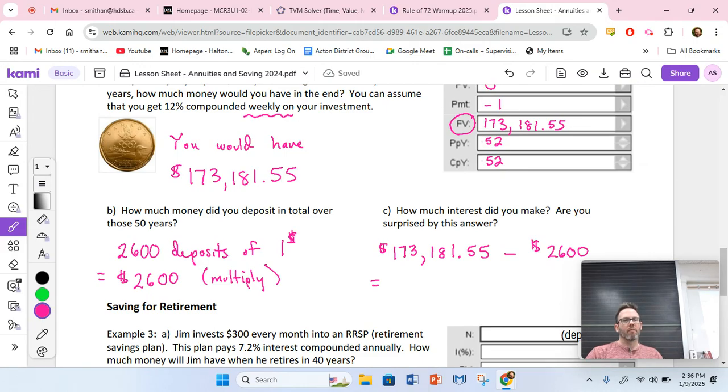I mean, most of that future value is interest, but it's interesting just to calculate this. $170,000 and then some change. 581.55 in interest, in free money.